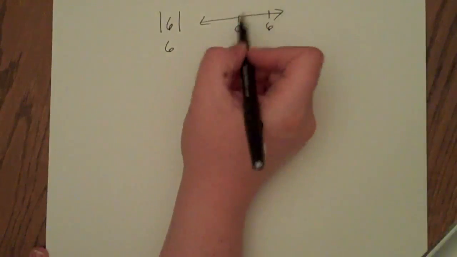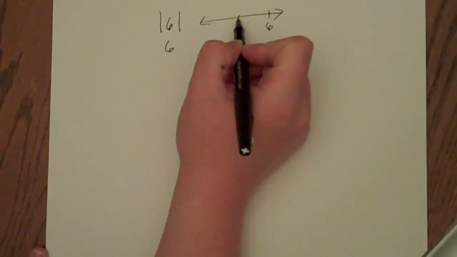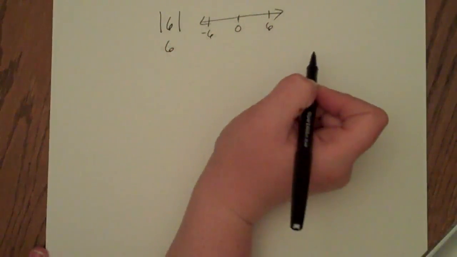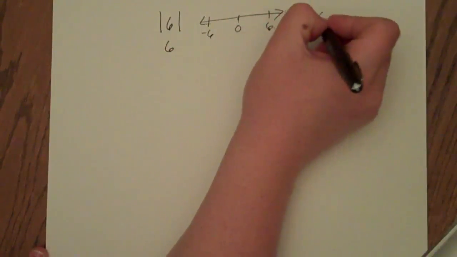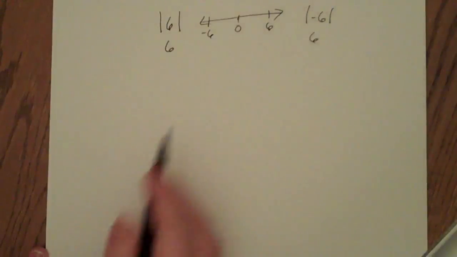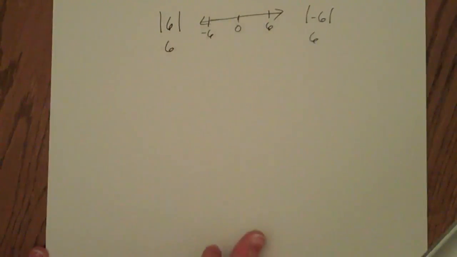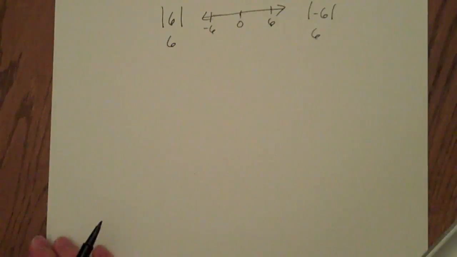Well, we also know that from 0 to negative 6 is also 6 spaces. So the absolute value of negative 6 is also 6. We need to keep that in mind when we are solving an equation with absolute value.